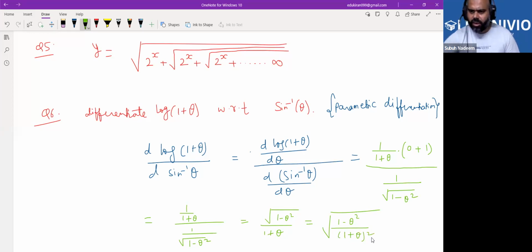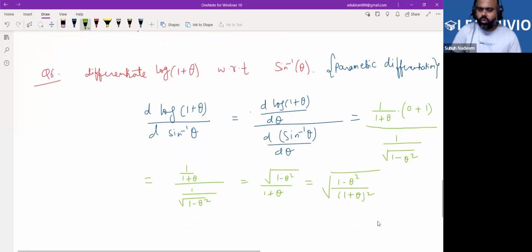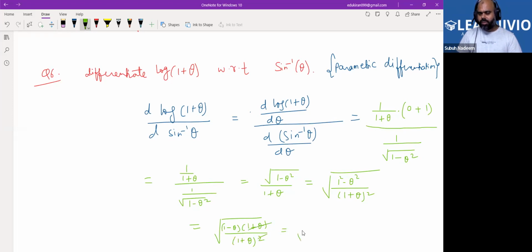I'm simplifying it now to match with the option, if there is any option. So this is root over, numerator is 1 square minus theta square, so 1 minus theta into 1 plus theta, and denominator is 1 plus theta whole square. So this 1 plus theta cancels, and this is root over 1 minus theta by 1 plus theta. So this would be your answer.